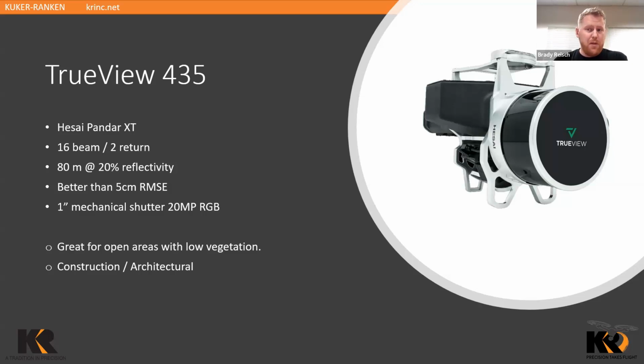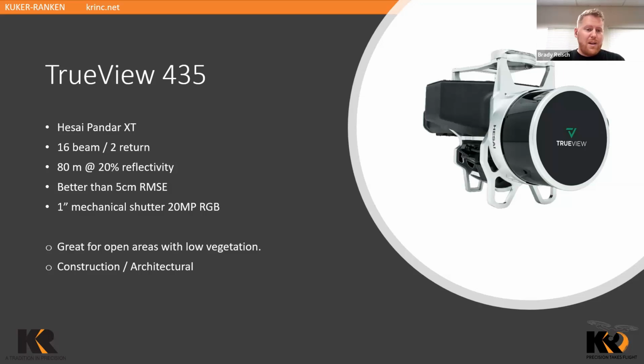In my experience with the 435, we usually sit between about 3 to 3.5 centimeters as the error. But GeoQ likes to be conservative and not overpromise something that you may not be able to achieve. So I consistently get less than what the manufacturer specs out for a lot of these sensors, which is fantastic.